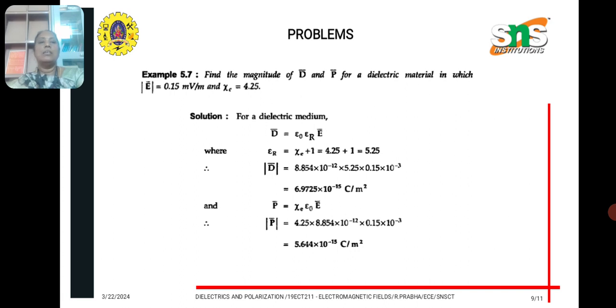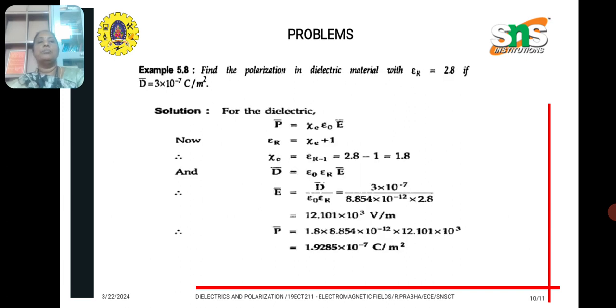Here Xe is given as 4.25, so by adding 1 we get 5.25. The D magnitude value is obtained by multiplying epsilon naught, epsilon r and the electric field intensity. And the polarization is obtained by epsilon naught into Xe E. So the polarization answer is 5.644 into 10 power minus 15 coulombs per meter square.